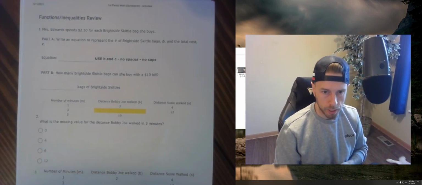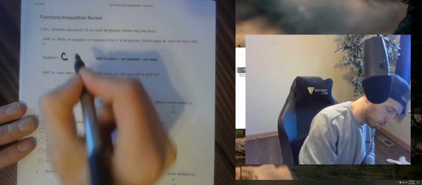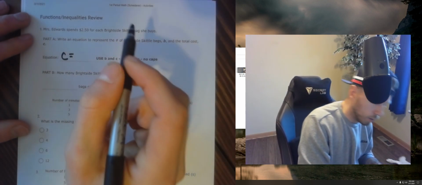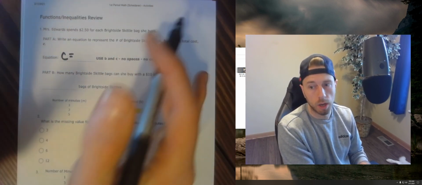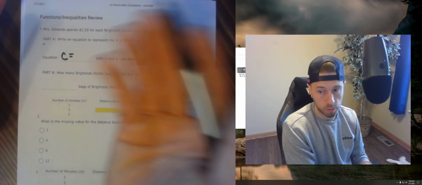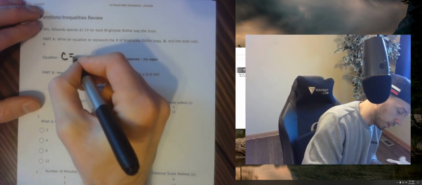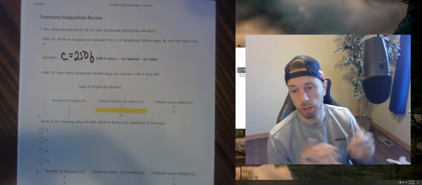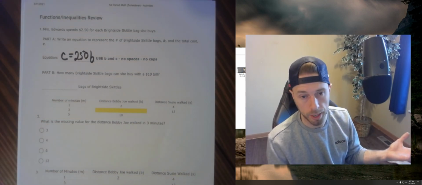So, the equation would be the total cost for buying these Skittles is going to be equal to $2.50 times the number of bags she buys, which we don't know, right? So that's our variable B. But we need to show 2.50 times B. So the equation here is the total cost is equal to $2.50 times however many bags she buys.